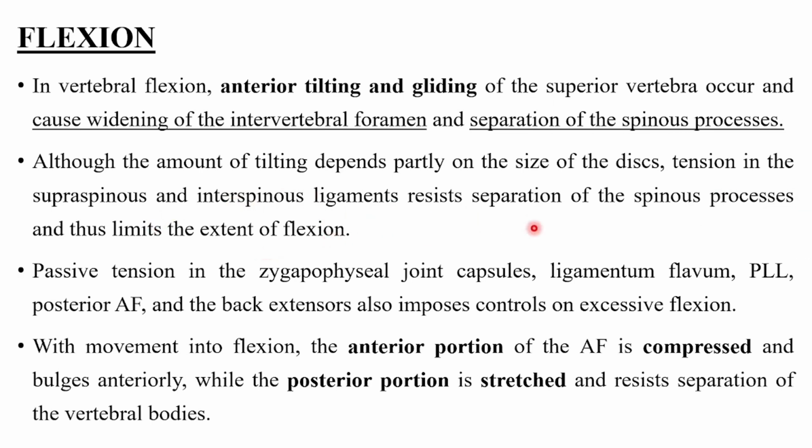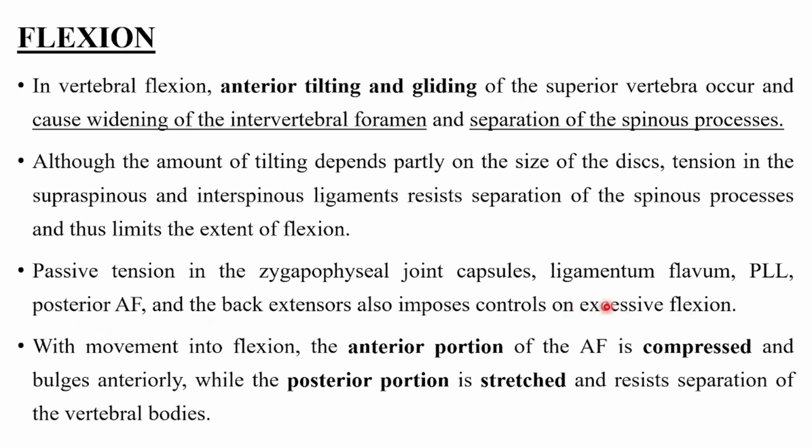That is, hyperflexion is prevented by these two ligaments along with your capsule: the supraspinous ligament, interspinous ligament, as well as your capsule. Passive tension in the zygapophyseal joint capsules, ligamentum flavum, posterior longitudinal ligament, posterior annulus fibrosus, and back extensors also imposes control on excessive flexion.